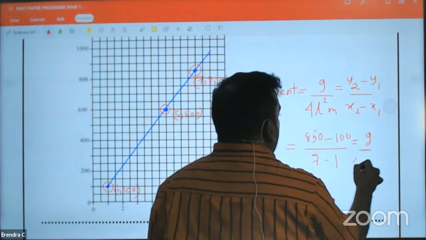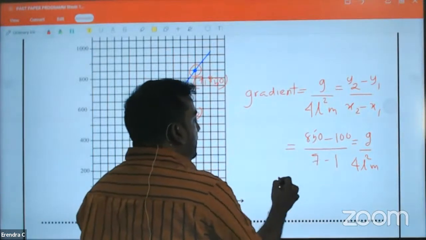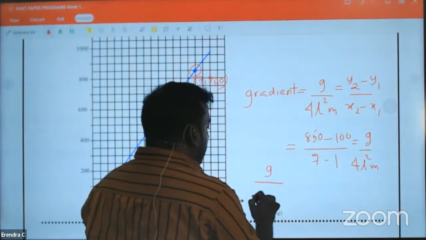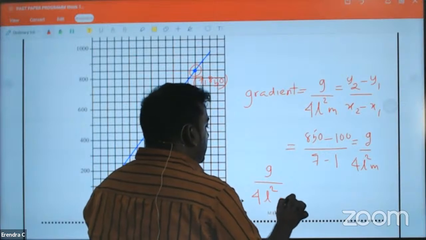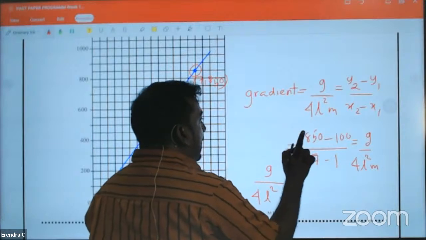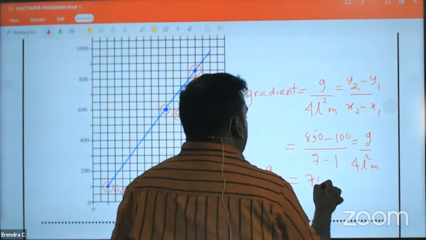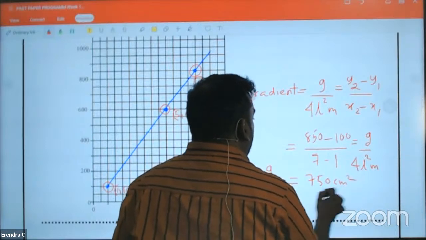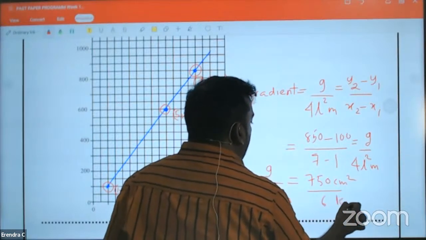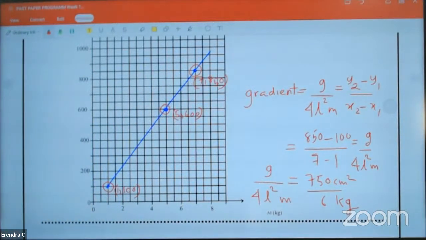g divided by 4L squared times small m equals 750 divided by 6. Be careful now. This axis is centimeter squared. 750 centimeter squared, and this is 6 kilograms. So you have found a relationship for the gradient.